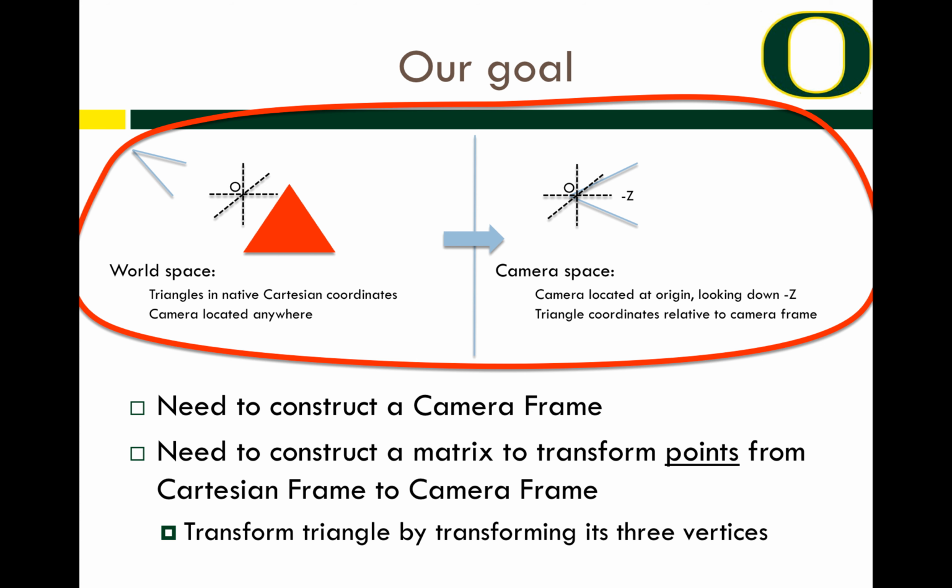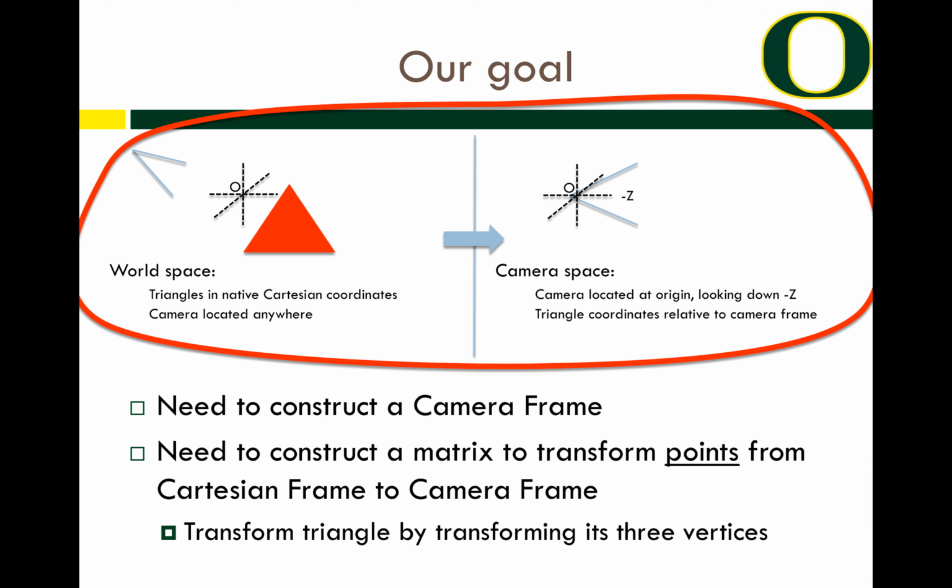So where we're at now is we're trying to calculate this camera transform that takes us from world space to camera space. World space is where triangles are in some native XYZ form. Again, I already referenced in part one of the video the example I did on Thursday in class where we picked an origin of the floor in the back left hand of the classroom, and then we specified the coordinates of the triangles that form the chalkboard from the basis vectors we defined of x, y, and z.